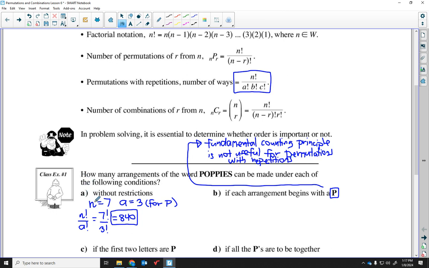Just like our part A. Part A, we didn't use the fundamental counting principle to solve that question. We used an equation established to deal with permutations with repetitions. But again, the issue now with B is that we're placing an additional restriction to this.